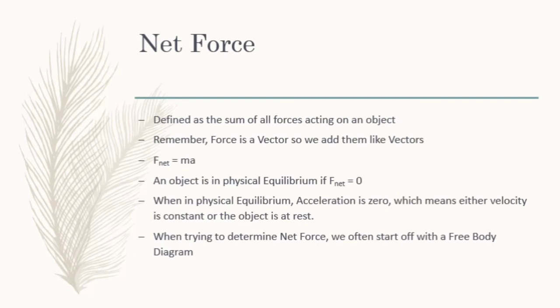It just means that whatever you're sitting on or laying on is providing an equal and opposite force, keeping you at the same position. So in other words, your force going down because of your weight is canceled out by the normal force going up because of what you're in contact with, giving you a net force of 0.